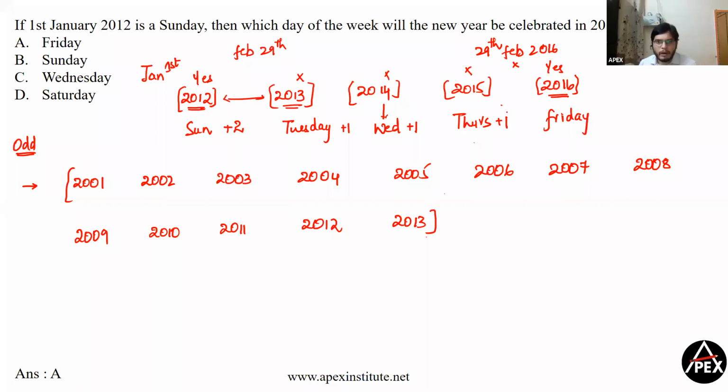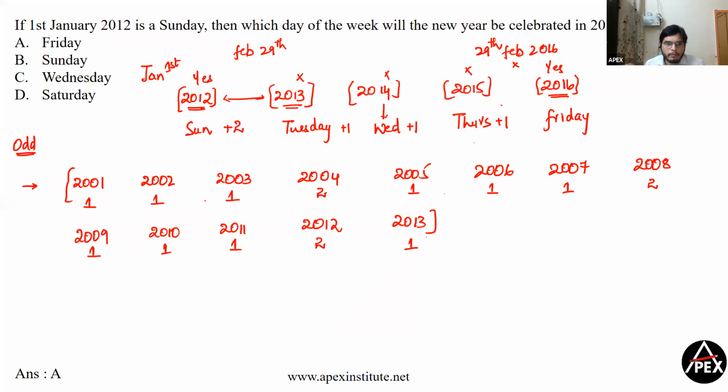So am I audible and is the screen visible? Yes. Okay. So 2003 completed, 2013 completed. Now in 2001, you'll be having one odd day. 2002, non-leap year 1, 2003 1, 2004 2, 2005 1, 2006 1, 2007 1, 2008 2, 2009 1, 2010 1, 2011 1, 2012 2, and 2013 1.